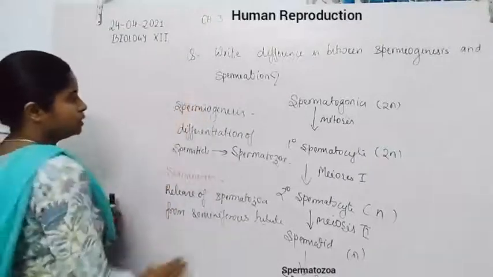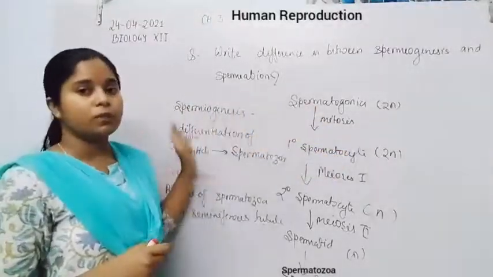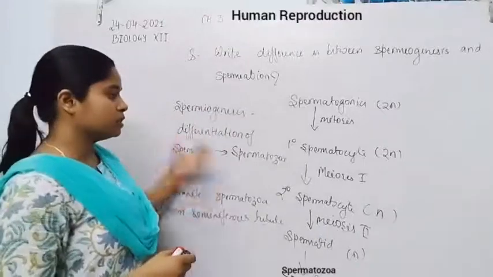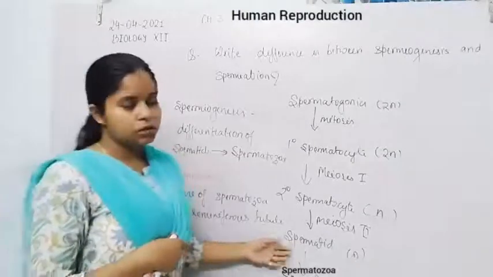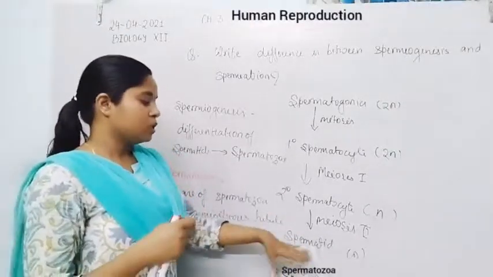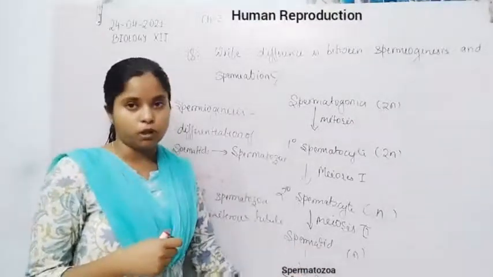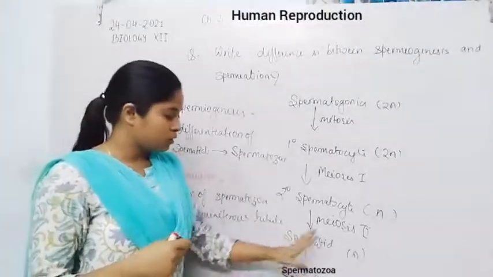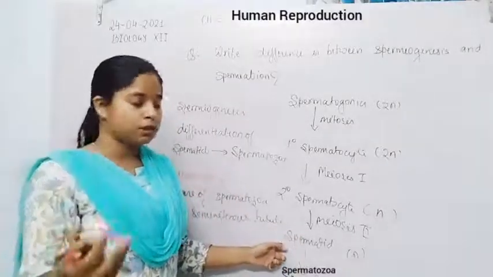Now, what is the difference between spermiogenesis and spermiation? Spermiogenesis is the process in which the spermatid undergoes differentiation to form the spermatozoa. The spermatid undergoes formation of different structures.